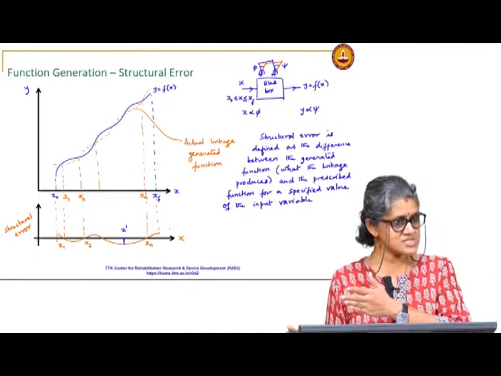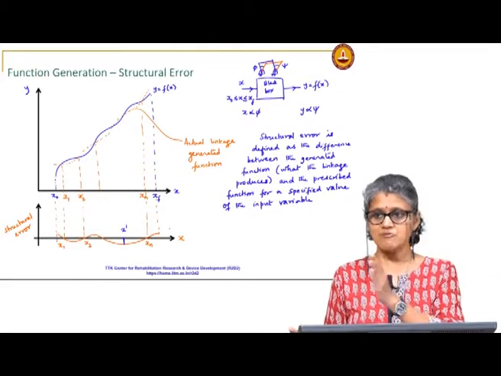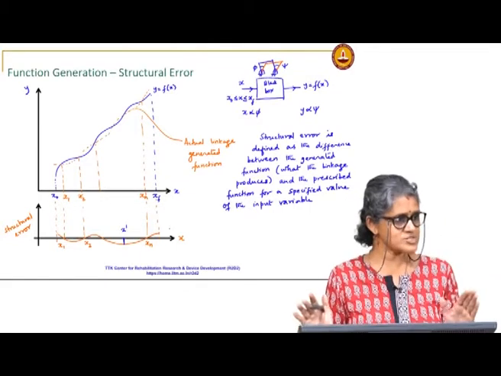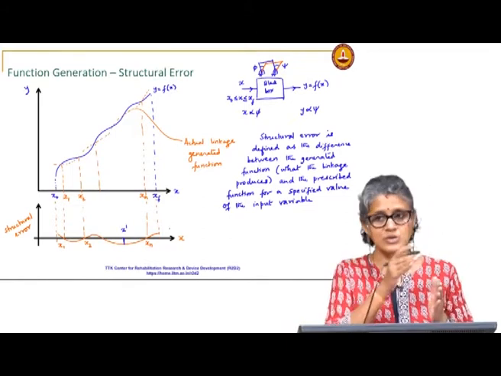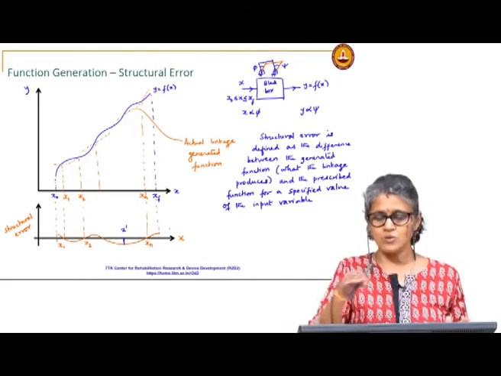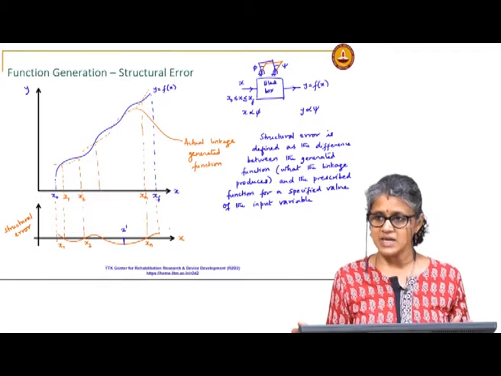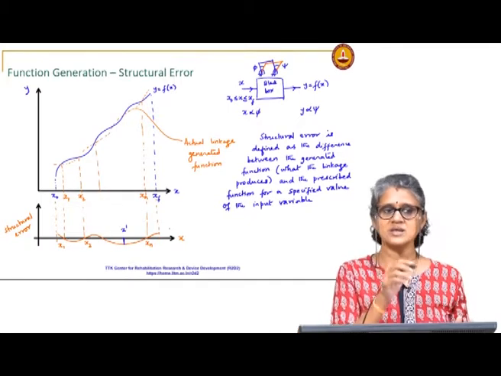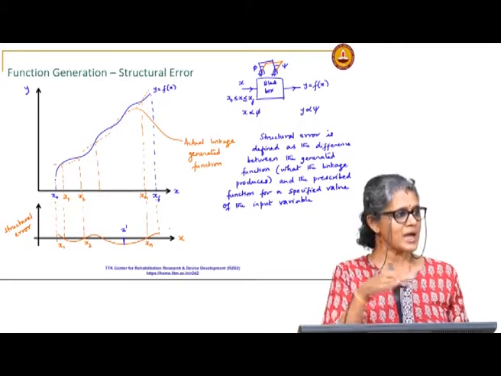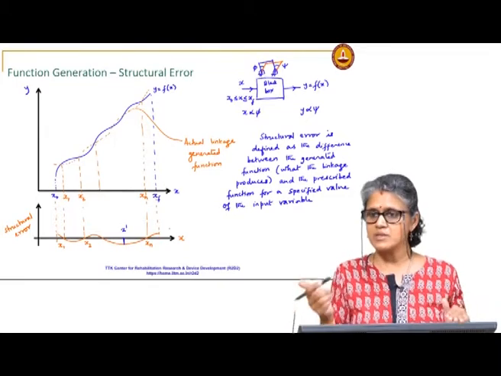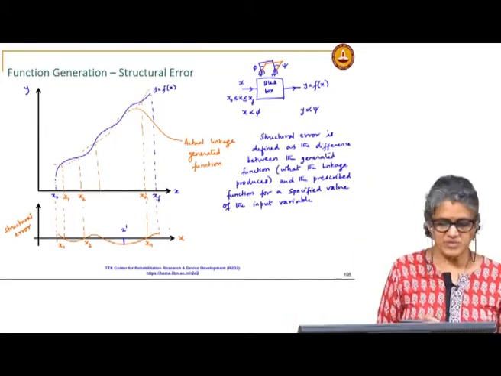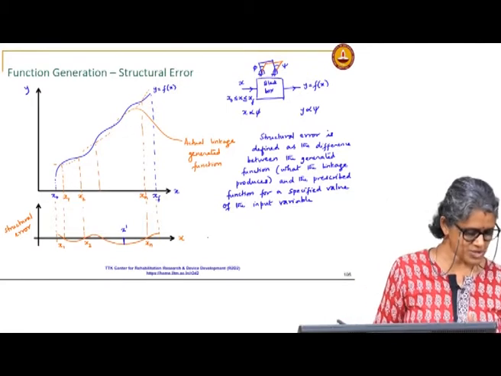As long as the linkage is able to move from one precision point to another, that is all you are concerned about. But if you are looking at the behavior over a continuous range, then you are concerned about how the error is going to be in between the points where the error is 0. So, there are different ways to approach it.